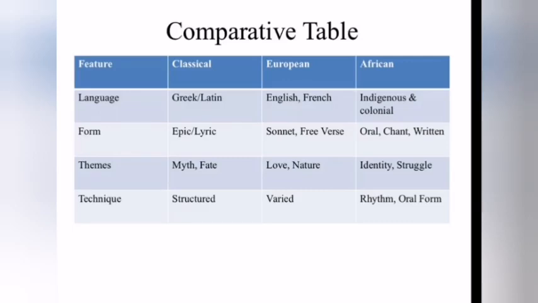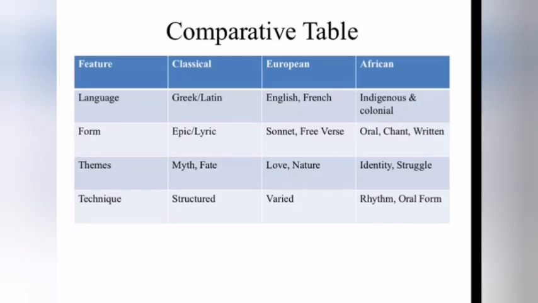So now in terms of language, the language that was being used in the classical era was either Greek or Latin. For the European, it is English or French, and the African is the indigenous language or the colonial language, when the colonial people began to teach us using their own language. So the form we have for the classical is epic and lyric.